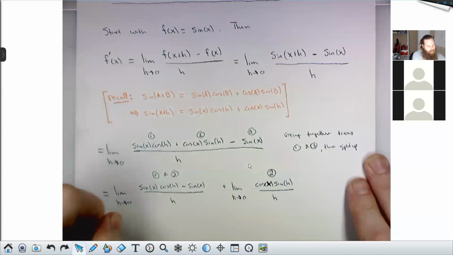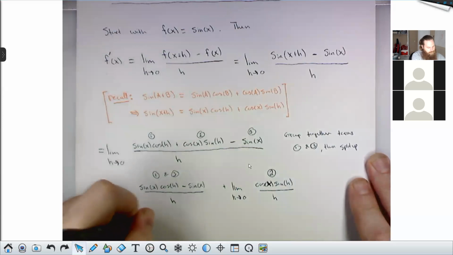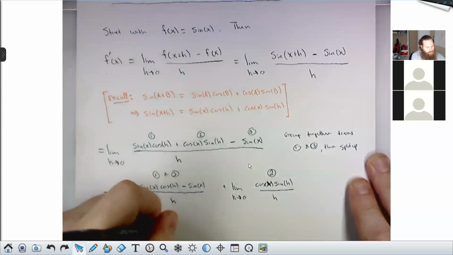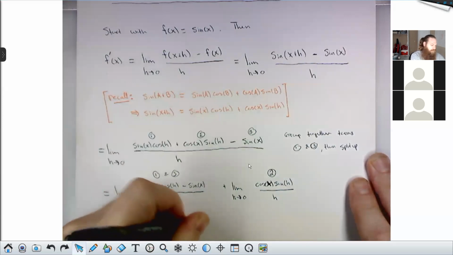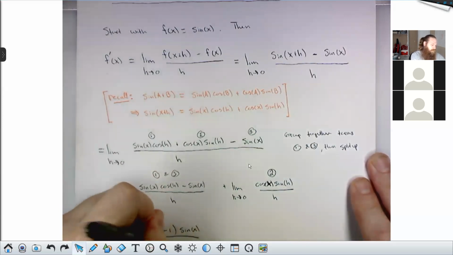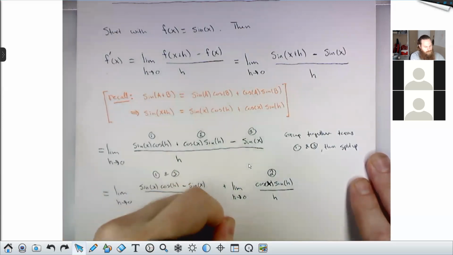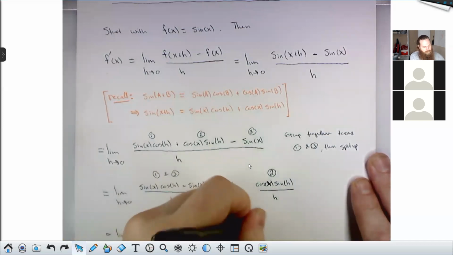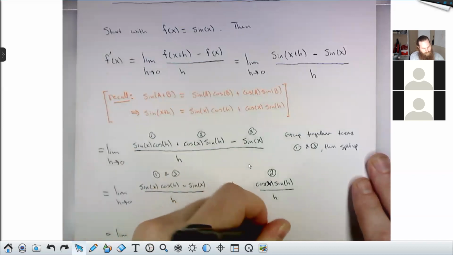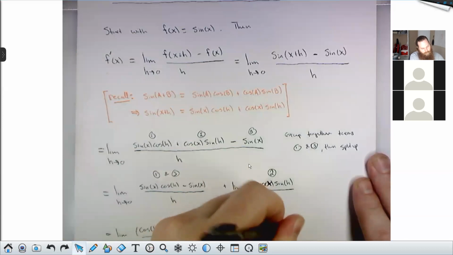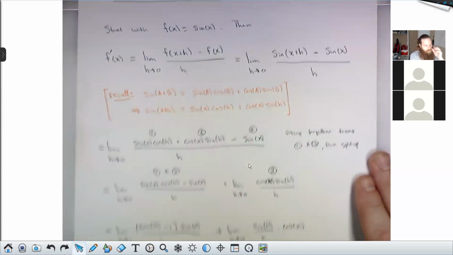So this is going to be lim h to 0 of cos h minus 1 times sine x, all over h. And then here I have plus lim h to 0. I'll write it as sine h over h times cos x, like that.